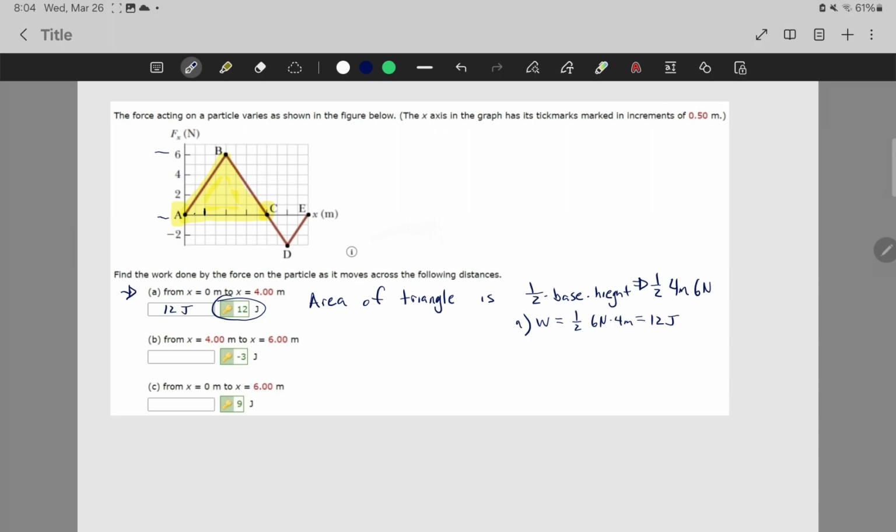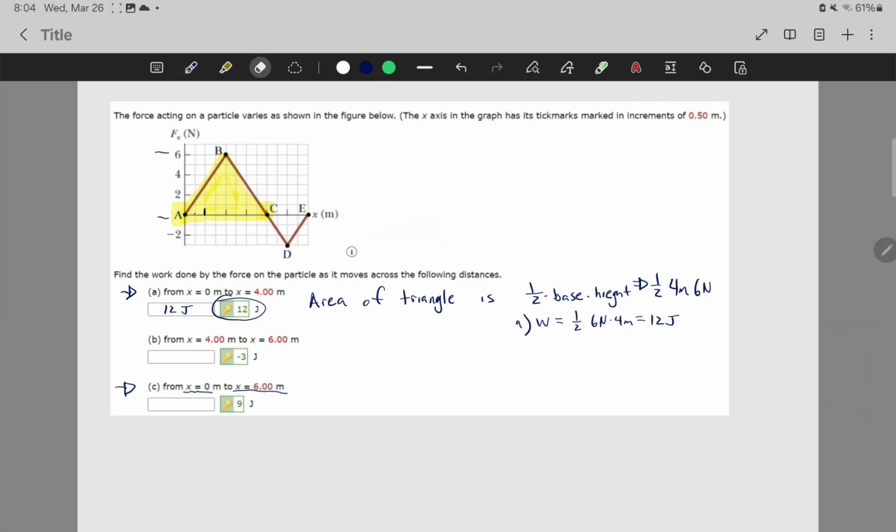Okay, we'll do one more example. Let's go ahead and jump to part C, because B is very similar. For part C, we're going to have two different triangles. It says from 0 all the way to 6.